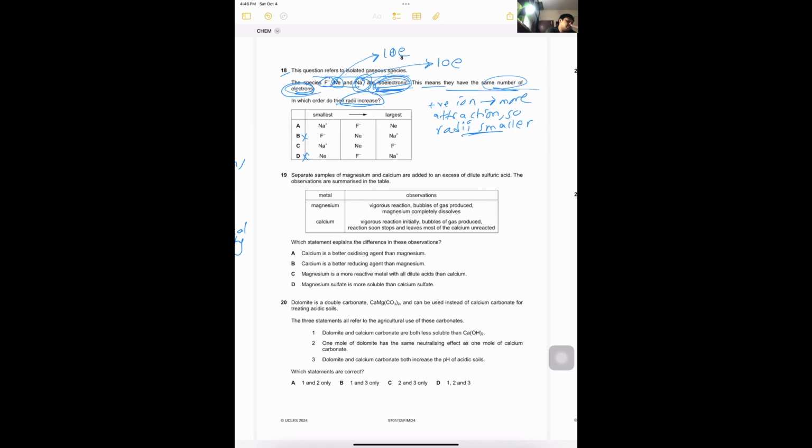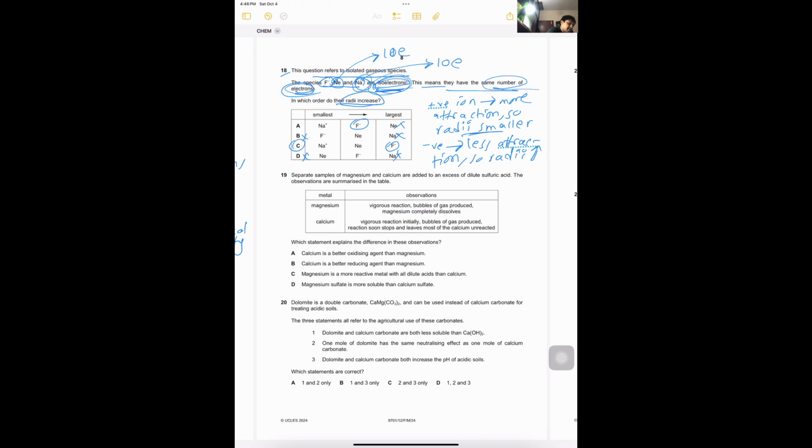Okay, F minus, the fluoride ion, will have the highest radius because negative ion, less attraction. So the radii is increased or larger, so that will be at the very last. So that's only one option, which is C.